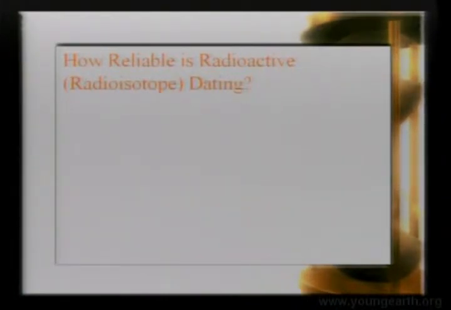Because when we did this work, we chose to usually use the superior isochron method, and instead of using 4 or 5 samples, we went for overkill. And the reason why we went for overkill in using more samples than geologists would normally use is we wanted to make the point. In other words, we want our results to stick and not be challenged. So how reliable are these radioisotope dating methods?